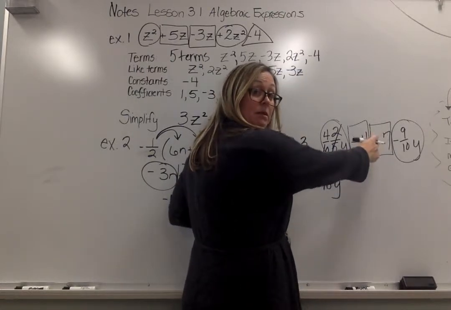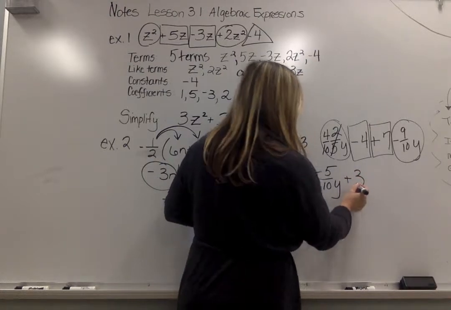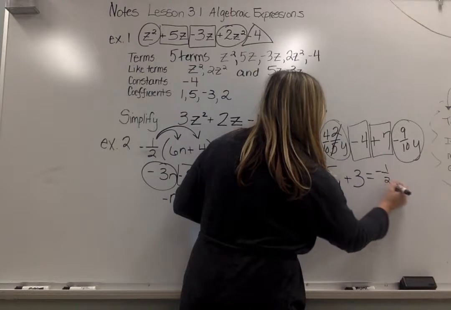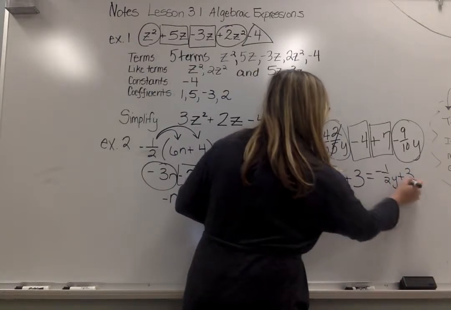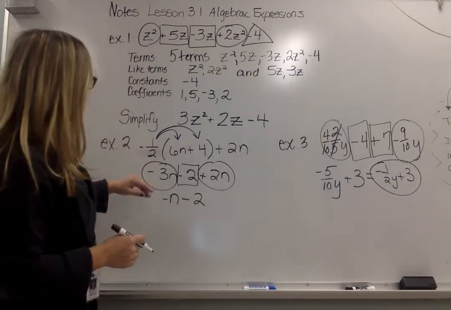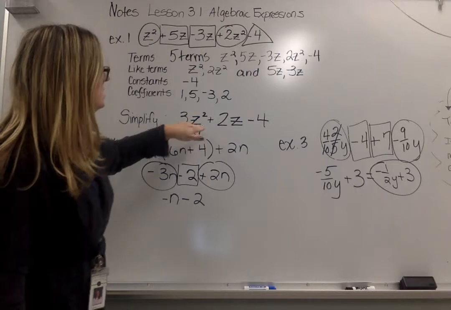Negative 4 plus 7 is plus 3. Still not simplified. Negative 1/2 y plus 3. As you notice in my answers, every time I've simplified, I've gone from the highest number of terms to the lowest.